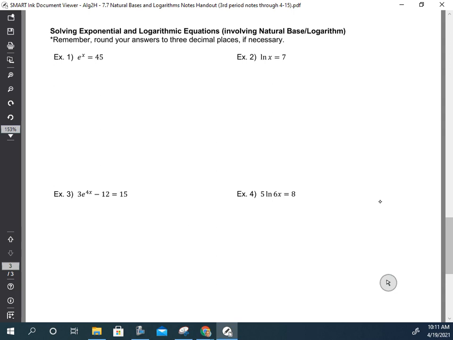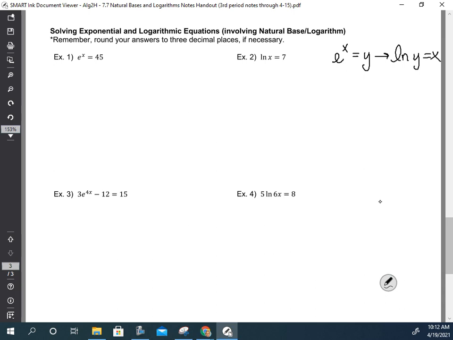So, with that, let us go into solving an equation. When we are solving equations, the primary thing we need to know how to do is the rewrite. For a natural log and a natural base, if you have e to the x power equals y, then the rewrite would be natural log of y equals x.